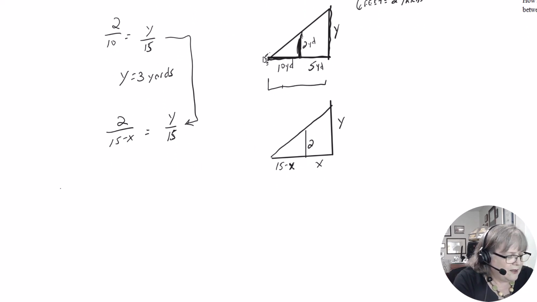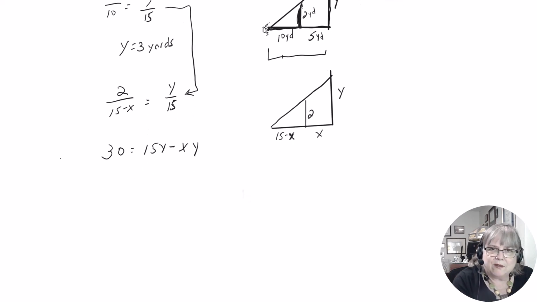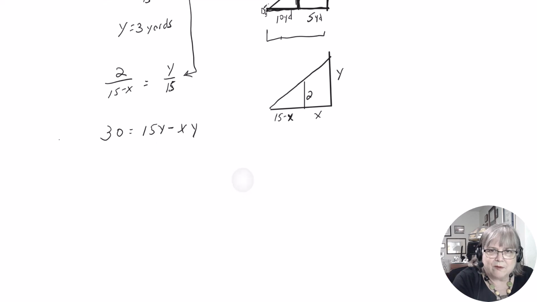So let's cross multiply this, and we would get 30 equals 15y minus xy. That looks like a reasonable equation. I could take the time derivative of that with respect to t. The derivative of 30 with respect to anything is 0. Then you'd have 15, and the derivative of y with respect to t is dy/dt.